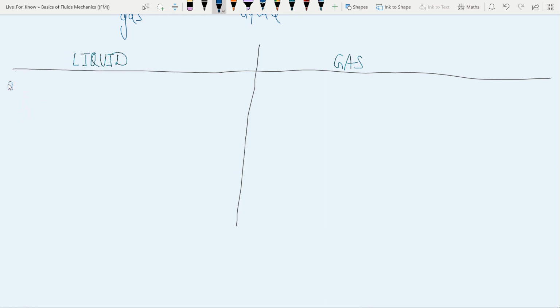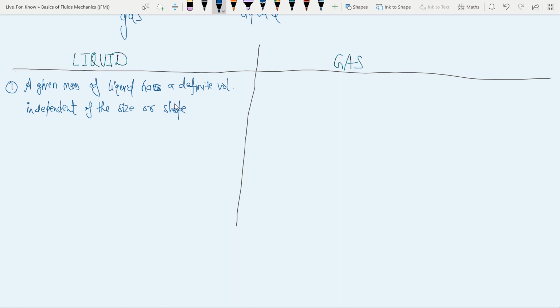By definition, point one: a given mass of liquid has a definite volume independent of the size or shape of the container.